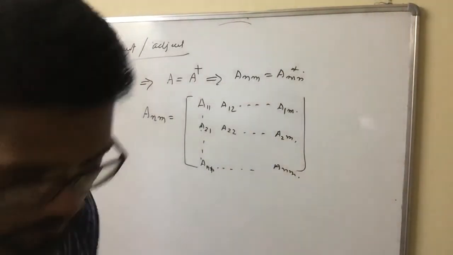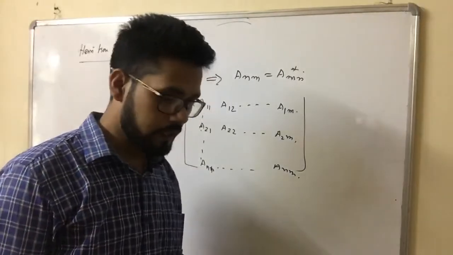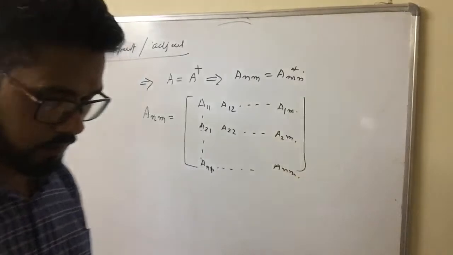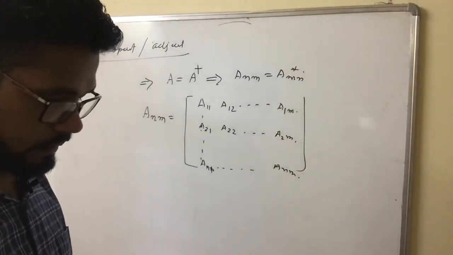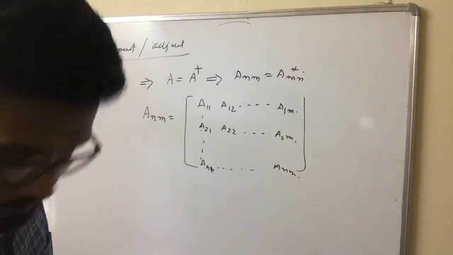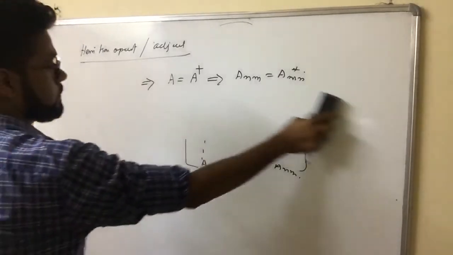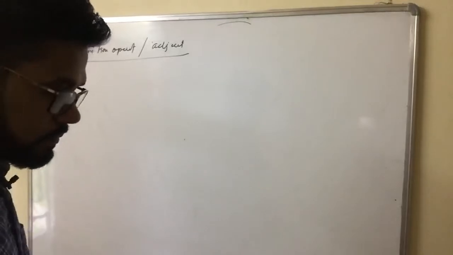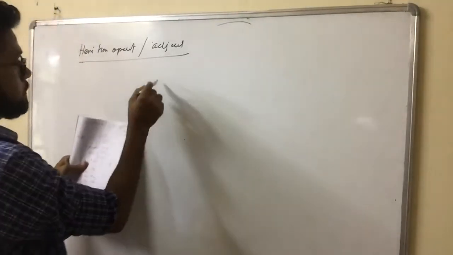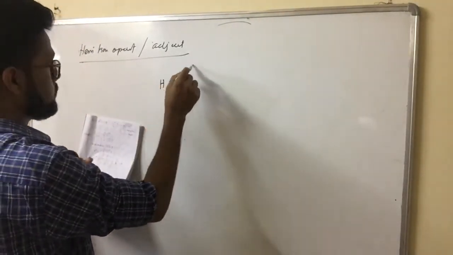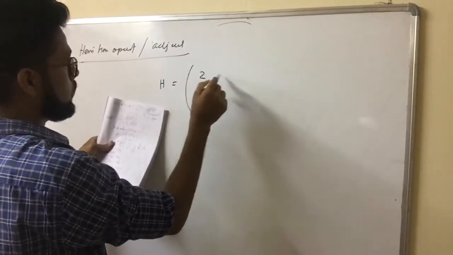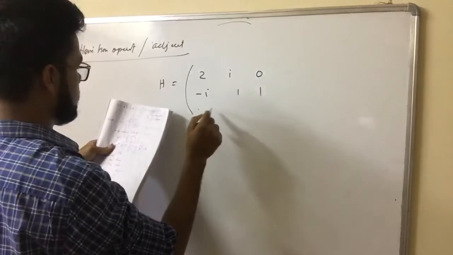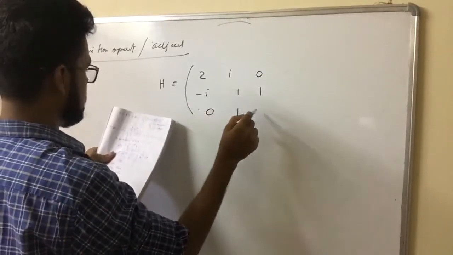For example, I am giving an example so that you can easily understand. Example 1. See, a matrix is given as 2, i, 0; minus i, 1, 1; 0, 1, 0.